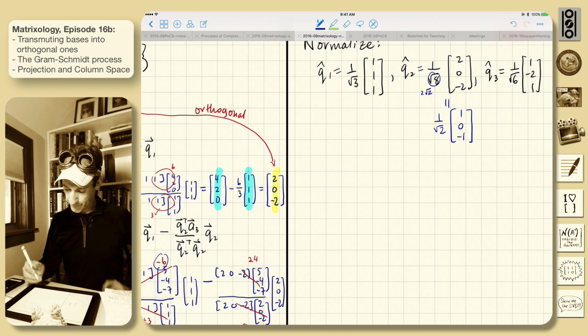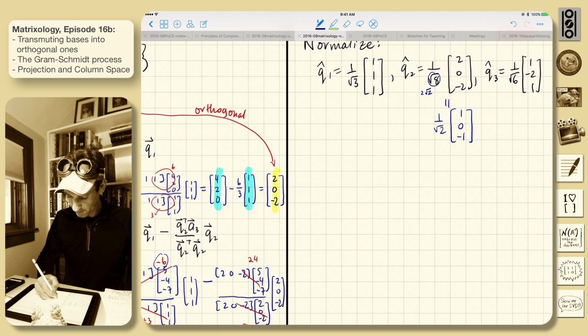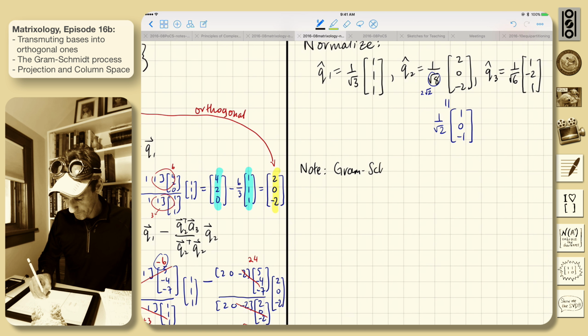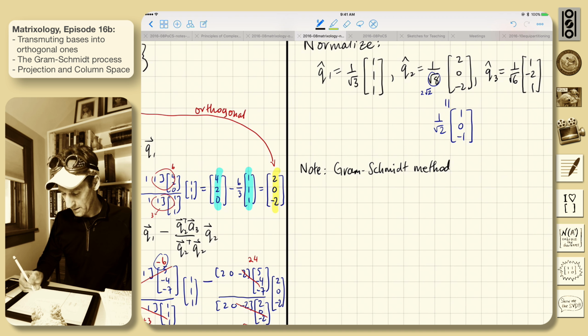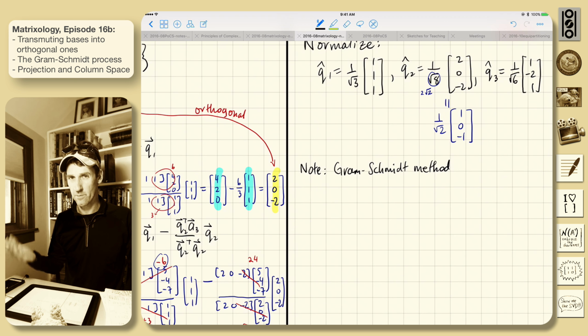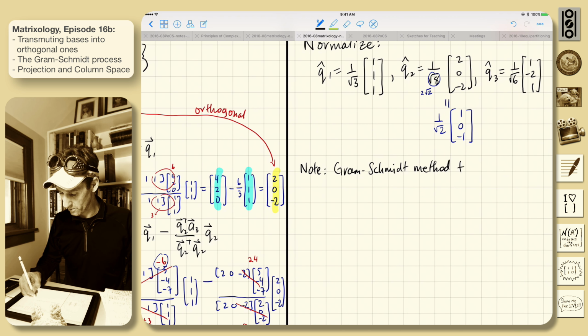It's true. So note that the Gram-Schmidt method, and we'll see this a little bit with some of the things coming up, tends to produce, because of this Pythagoras business, many square roots.